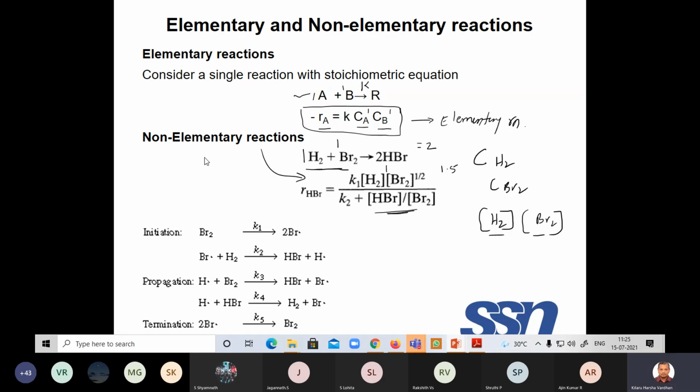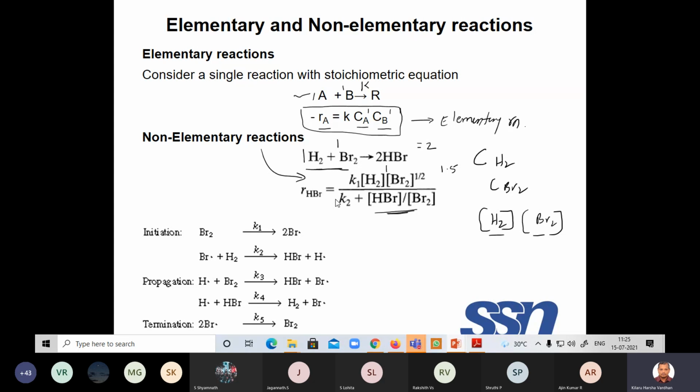For non-elementary reactions, how do we write the rate? How do we get a rate like this? That is the next topic. For non-elementary reactions, you cannot tell the rate order, whereas for elementary reactions, you can tell the order.